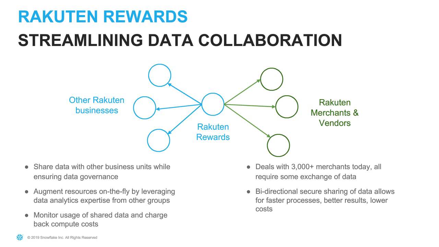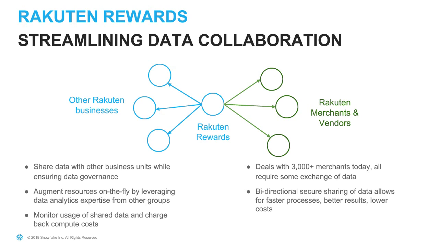And they have one of the more interesting problems where they have internal RAKUTEN businesses as well as external partners and vendors and merchants that they work with, and they're basically going to use this as a way to share data amongst their business units while still ensuring governance. Right? This is another thing, that being able to say that they can hold control and see who has access and be able to monitor access to that data and augment it on the fly based on who's consuming it.